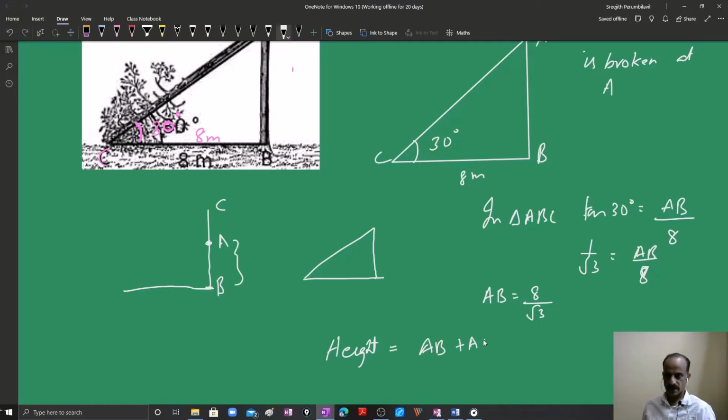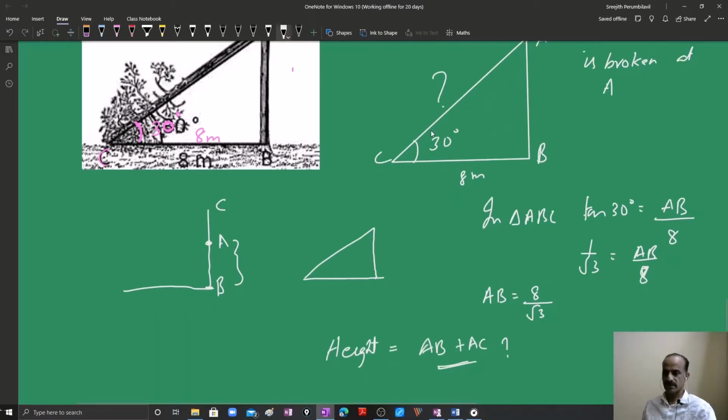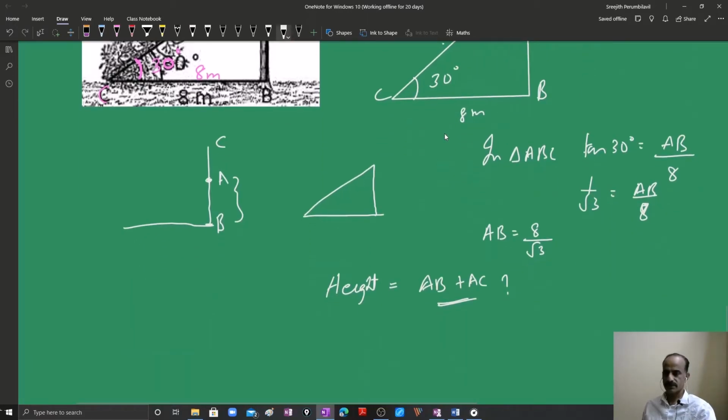But how do we find AC? AC is not known to us. So again the question is, how can I find AC, this portion? In order to find this portion, we need to connect it. This is unknown, but this is known. Is there anything that we can connect this with, the adjacent side?